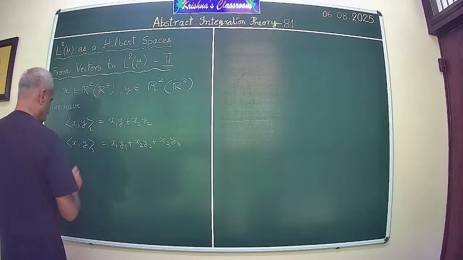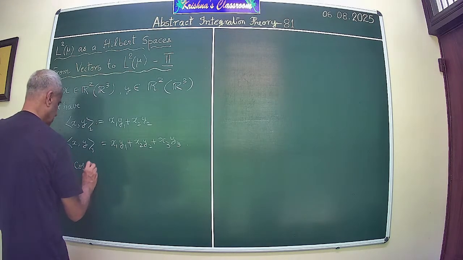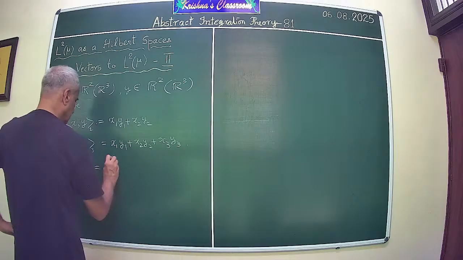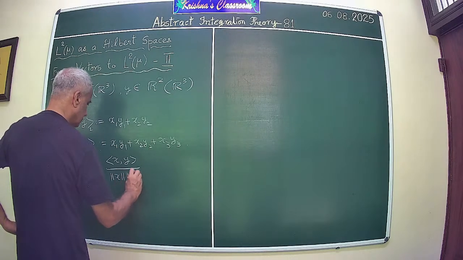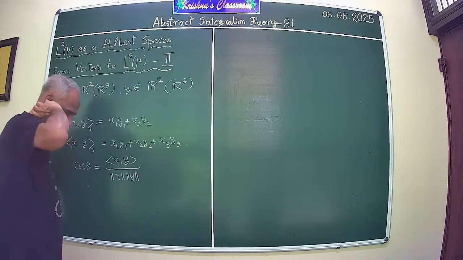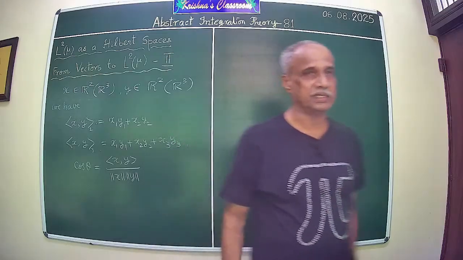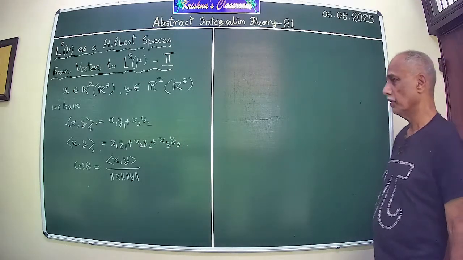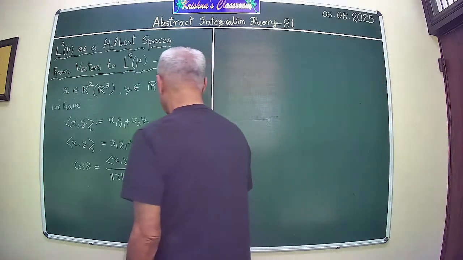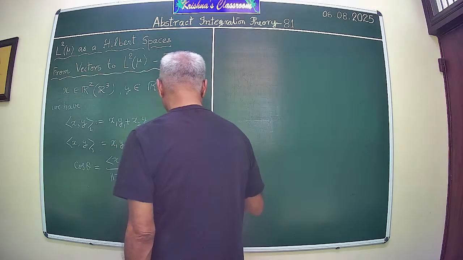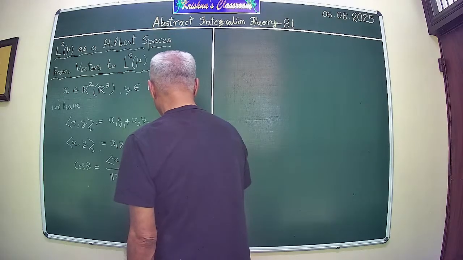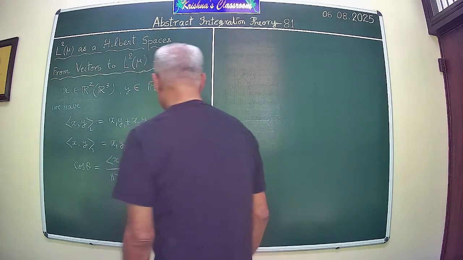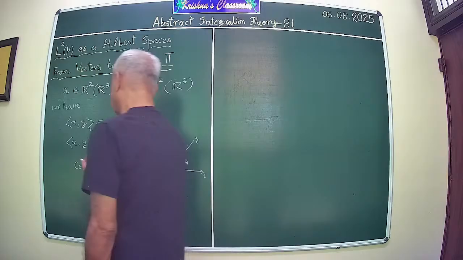That is, cos theta equal to this. This is the relationship that we did, where theta is the angle between two vectors. This is x, this is y, this is the angle between x and y, then cos theta is given by this expression.